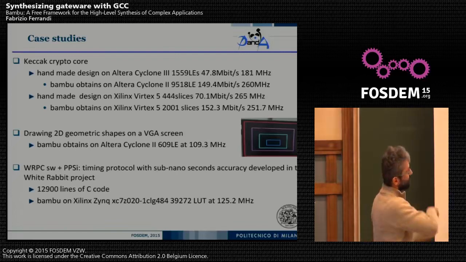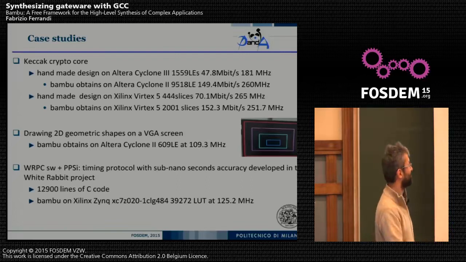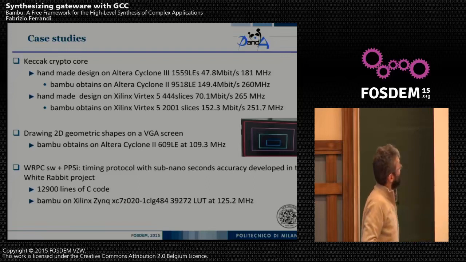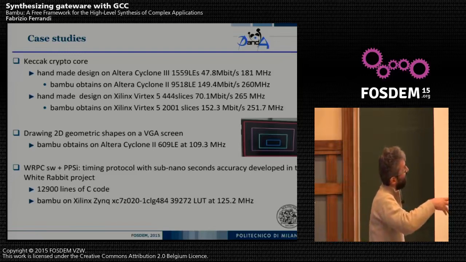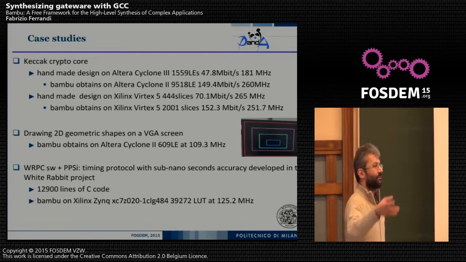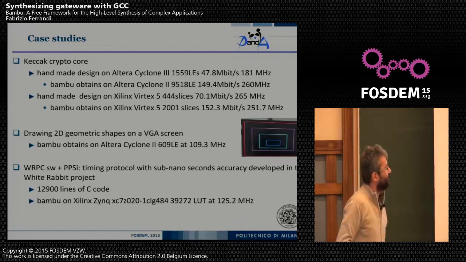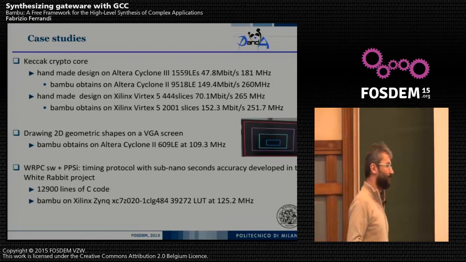I usually find that C is easier than starting to write the VHDL. So that was passed to Bambu, the tool we developed. And we are actually able to obtain better performance, losing some area. I mean, if you look at the lookup tables, it's not so comparable in terms of area. But in terms of performance, it's not so bad.